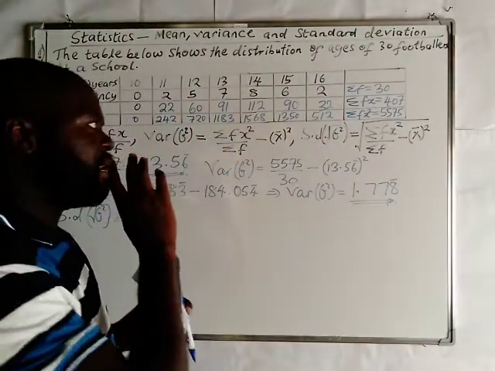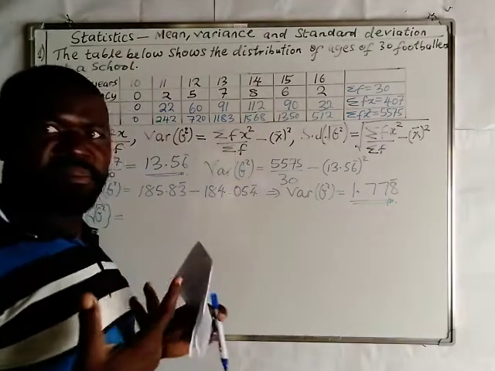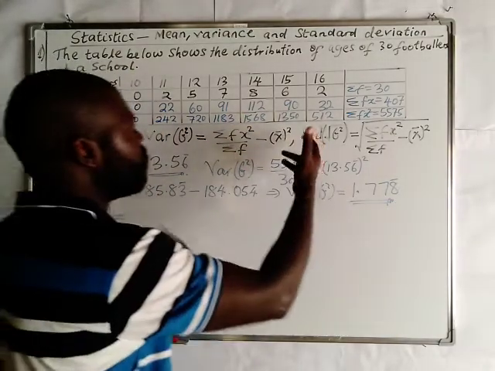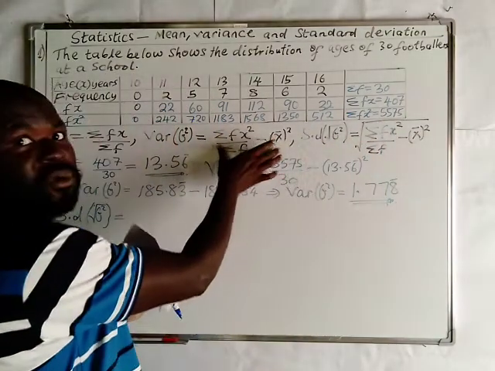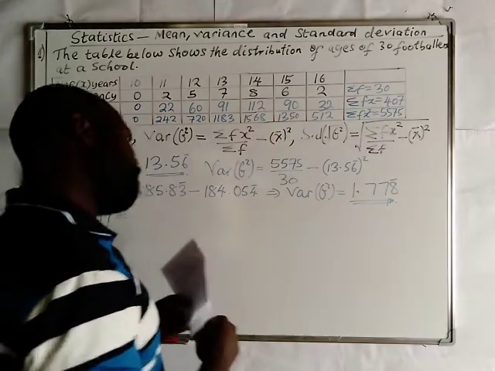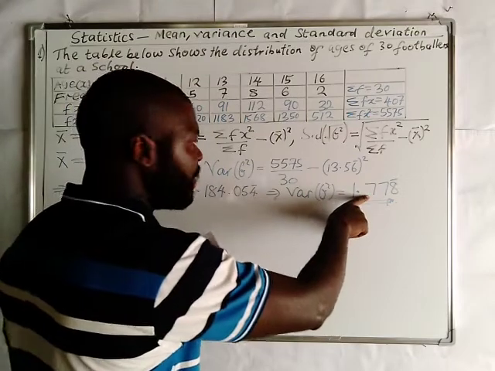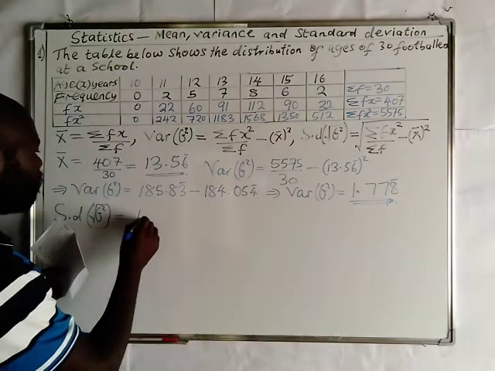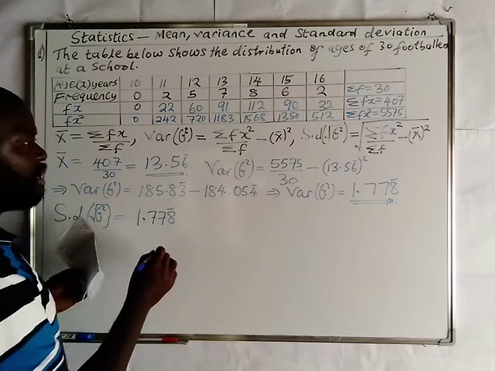So it simply means that after getting the variance, to get the standard deviation, all we need to do is find the square root of the variance. The variance is 1.778 bar.